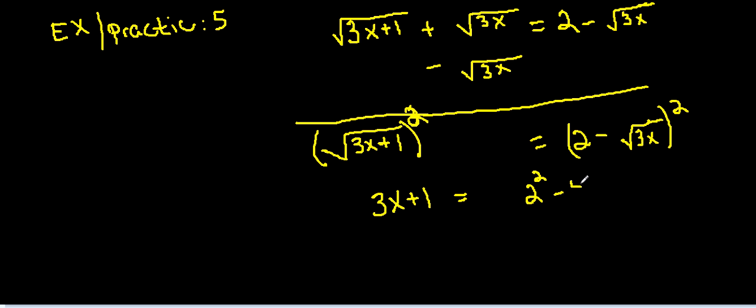So that's going to be negative 4 times the square root of 3x. And then I've got to square this last term, which is always positive 3x. So I square the first term, square the last term, and the middle term is these three items multiplied together.